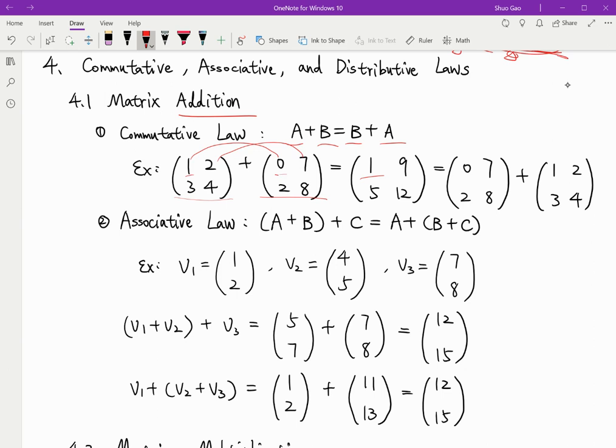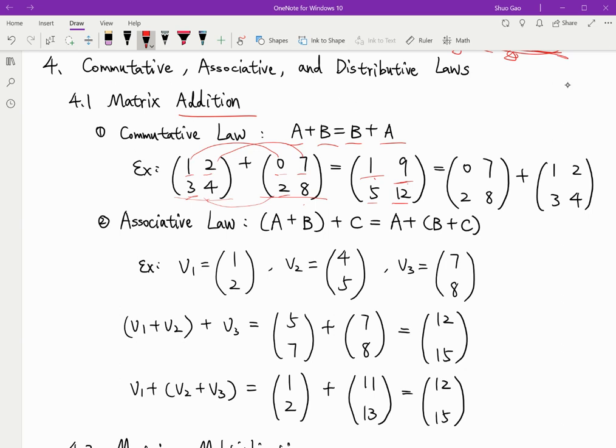The corresponding position elements. And for the 9, it should be 2 plus 7, and the 5 should be 3 plus 2, and 12 should be 4 plus 8. All right, so the 1, 9, 5, 12 should be the result of the addition of the corresponding positions in the two matrices.